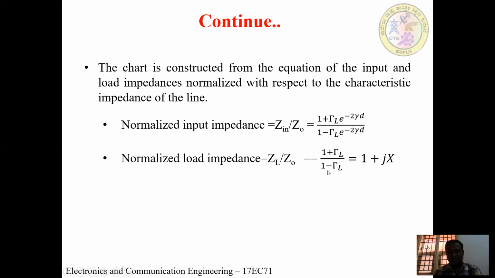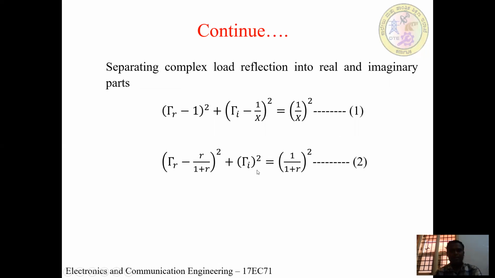Similarly, this ZL by Z0 ratio gives r plus jx. Here this is the real part and this is the imaginary part of the load impedance. Separating the complex load reflection into real and imaginary parts, we separate the real part and imaginary part of the complex load reflection.